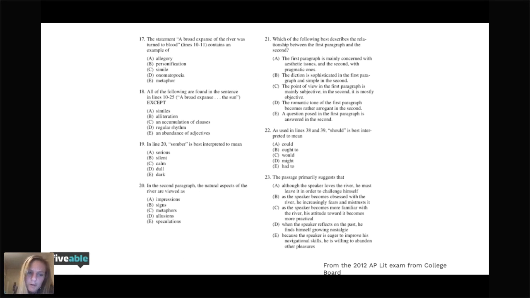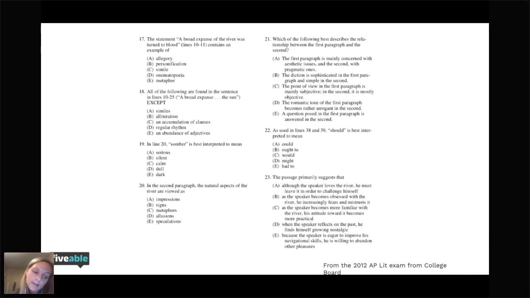22 is a weird question. I've actually never seen one like this before. It says "should" as used in lines 38 and 39 is best interpreted to mean could, ought to, would, might, or had to. Again, like question 19, I would replace "should" with these answer choices and see which one fits the situation best.